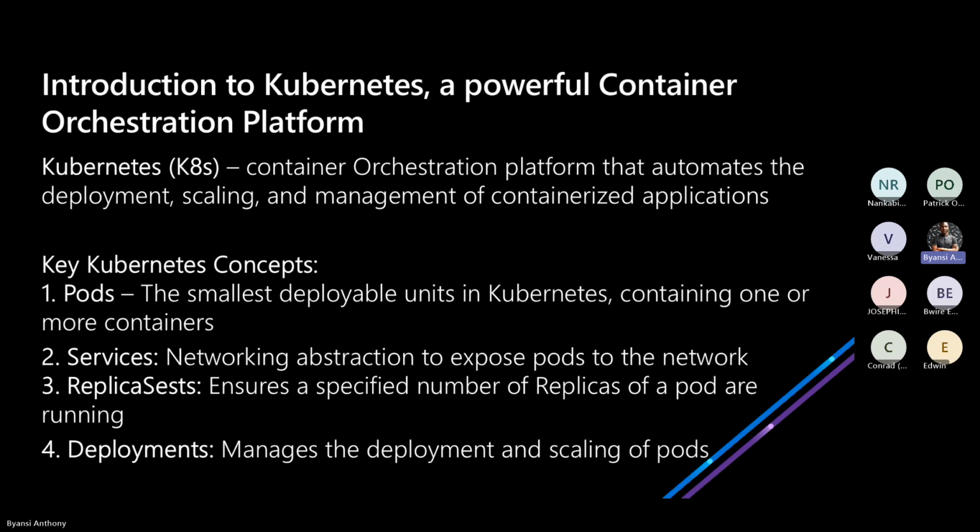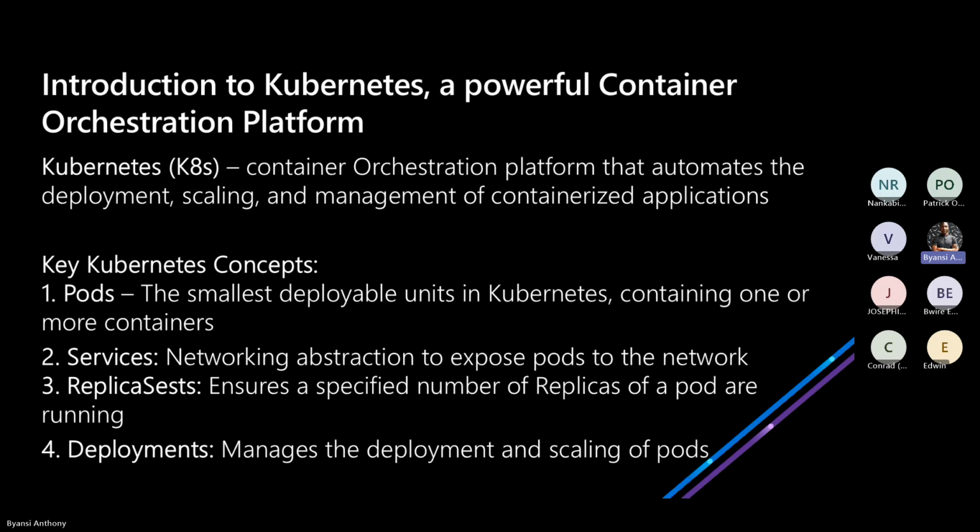First things first, the pods. You can think of it as the smallest deployable unit within Kubernetes. And it essentially has several containers within it. We also have a service as one of the key concepts for Kubernetes.